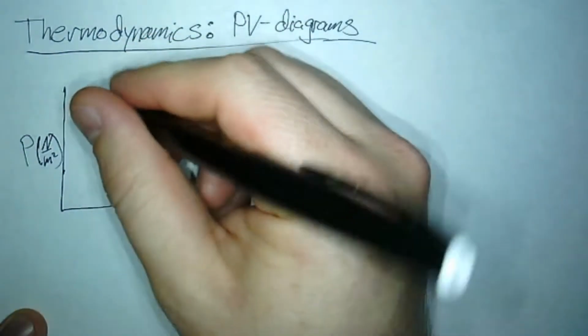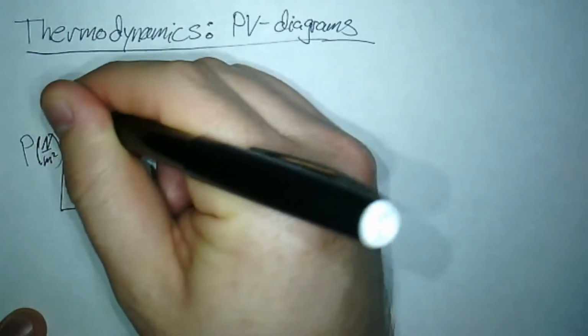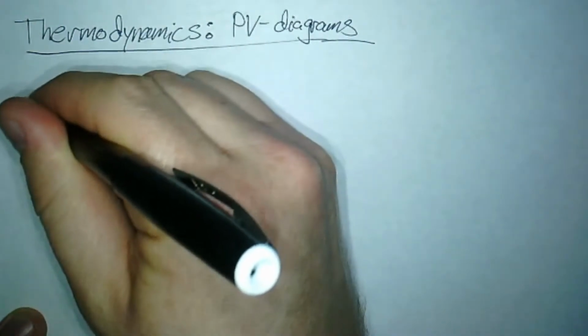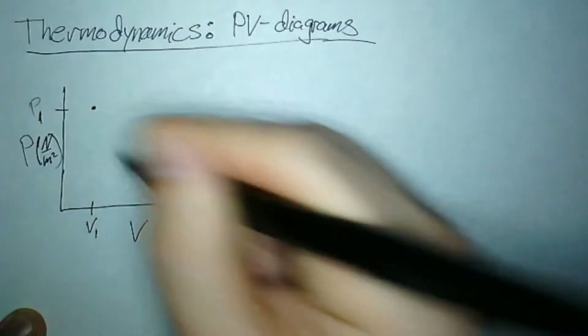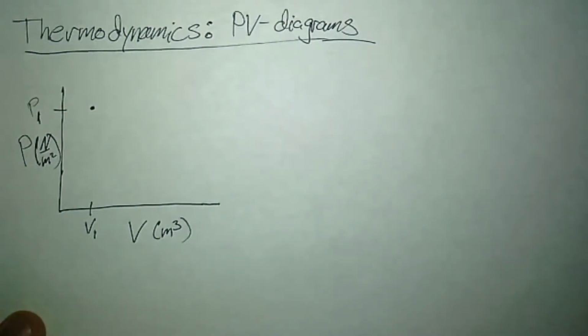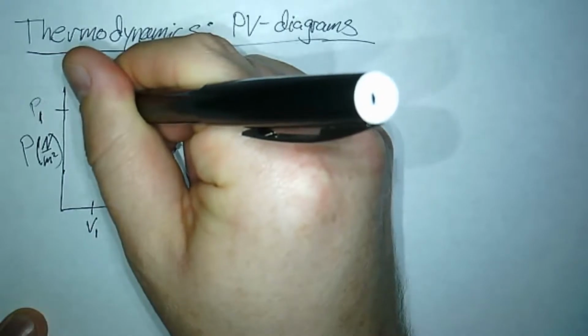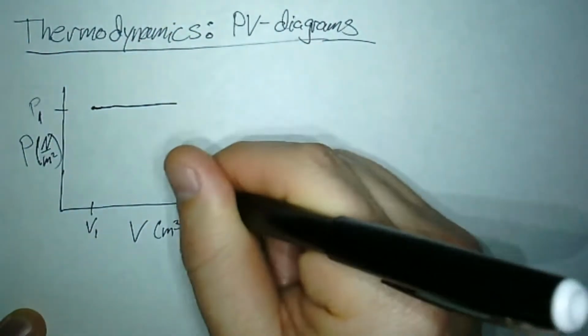Okay, so we'd start at a point on these diagrams. You say, given an initial pressure and an initial volume, I'm just going to call it P1 and V1. It defines a point, right? But then you say, what if my gas expands at constant pressure up to some volume 2?